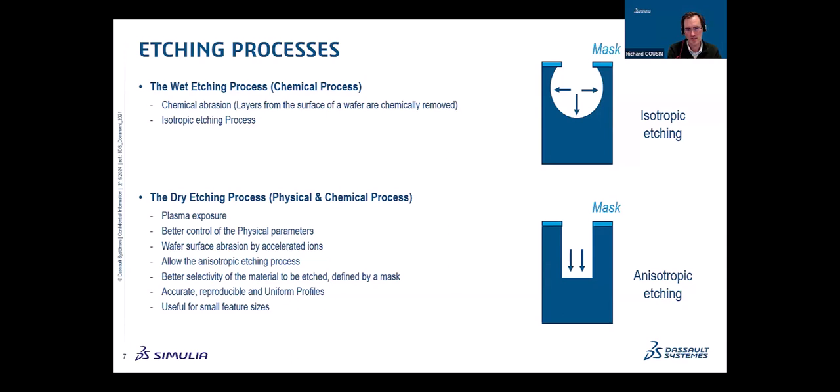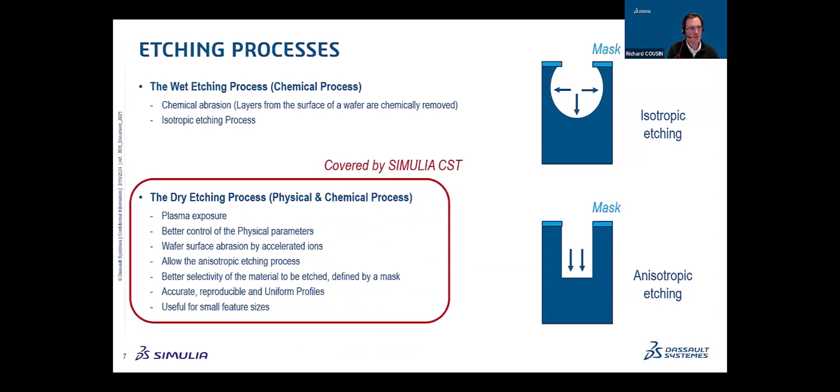the process is done. So with the wet etching process, you have here an isotropic etching, whereas with the dry etching process, you can address small feature size and you have an anisotropic etching process. CST is really in this category, where you can here consider a plasma exposure with a better control of the physical parameters.